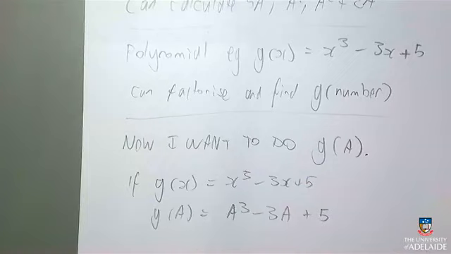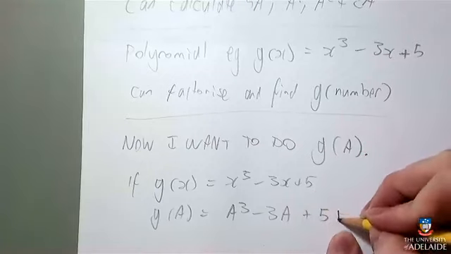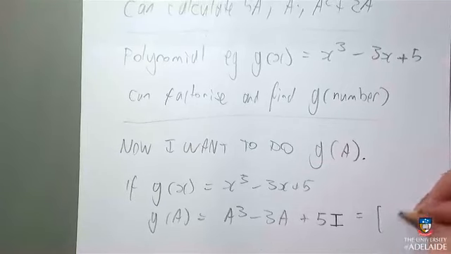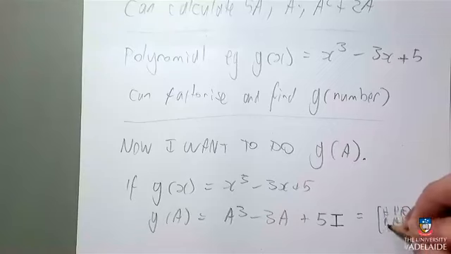So I'm going to have to interpret this 5 as like 5x to the 0, and so I need to put a matrix in that spot, so I'm going to put the identity. And that's how I'm going to calculate a polynomial enacted upon a matrix. And this will be some new matrix. I don't know what it's called, but there will be some sort of matrix with numbers in it, right? That will be this answer.